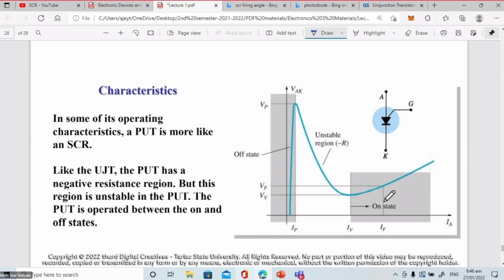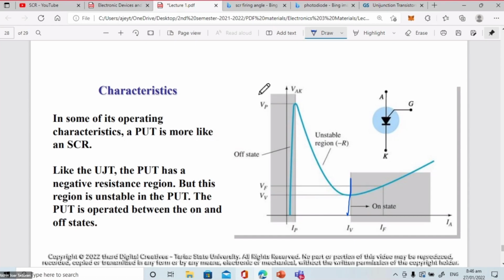Tawag nga natin dito valley voltage pa rin. Kung kailan magkakaroon ng after triggering siya, dito pa lang yung portion na magkakaroon tayo ng forward. I-elaborate pa naman natin. But this region is unstable in PUT. The PUT is operated between the on and off state.